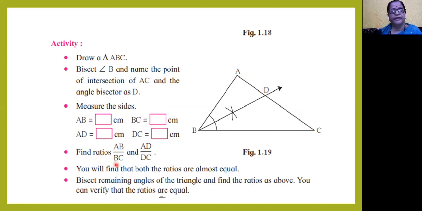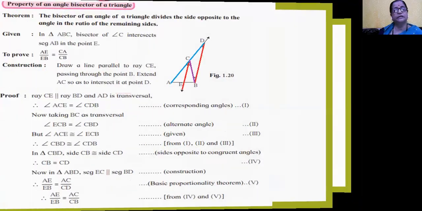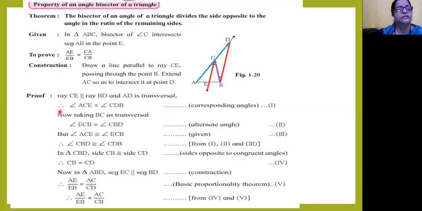You will find the ratio AB divided by BC and AD divided by DC. You will find that the ratios are almost equal. Next, we are going to study the theorem on this property of an angle bisector of a triangle. What is that theorem?